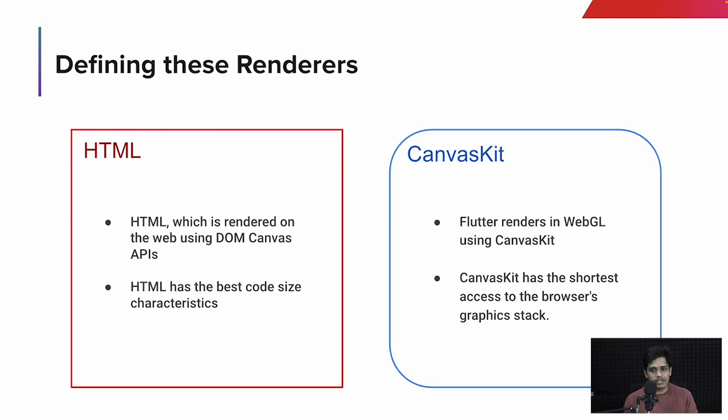But the CanvasKit uses something called Skia web rendering. It doesn't call any APIs. It calls the Skia, where Skia has the graphic stacks, right? So it is going to call them one by one and display it on your screen. So these are two types of renderers. Which one should you choose? Should you go with HTML or should you go with CanvasKit?